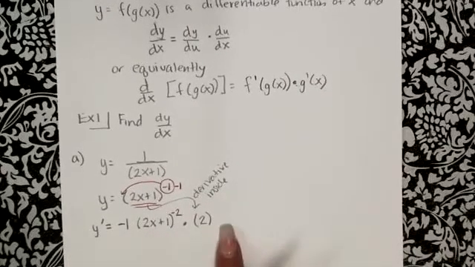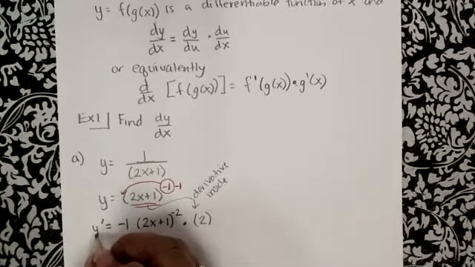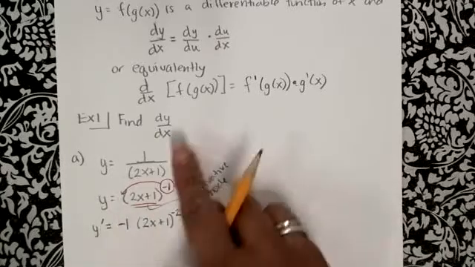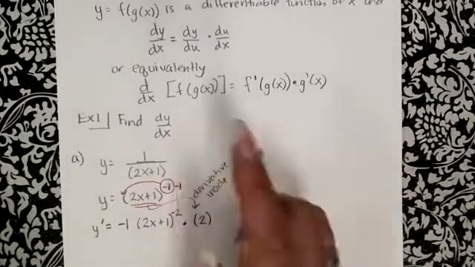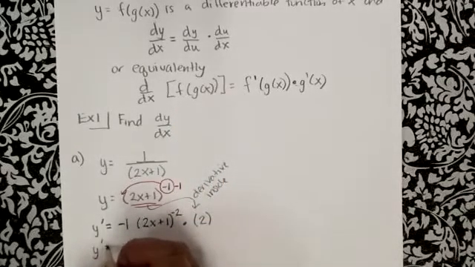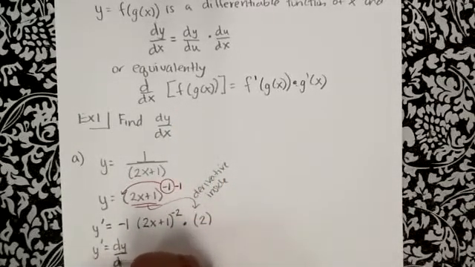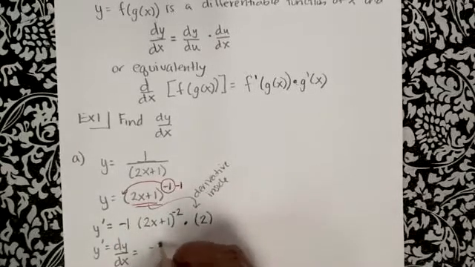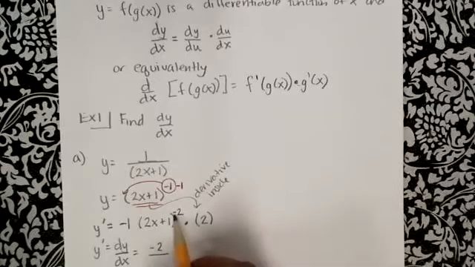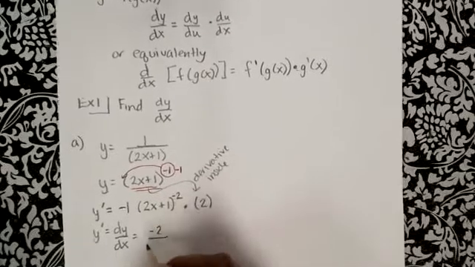Now to clean this up, you have y prime, which is the same as saying dy over dx. In the numerator, you are left with negative 1 times 2, which is going to be a negative 2. And then because that's a negative exponent, all of this goes to the denominator.